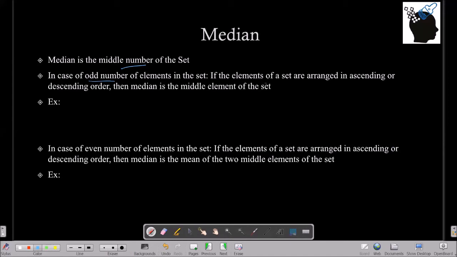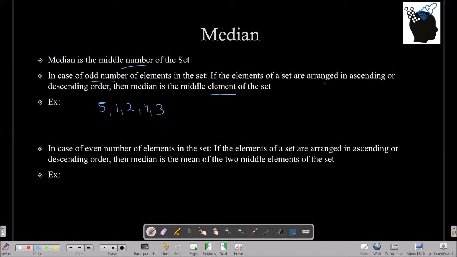So if the set has odd number of elements, first of all, we'll go ahead and arrange the set in ascending or descending order. Then the median is nothing but the middle element of the set. Let's take an example. So let's say the set given to us is 5, 1, 2, 4, 3.